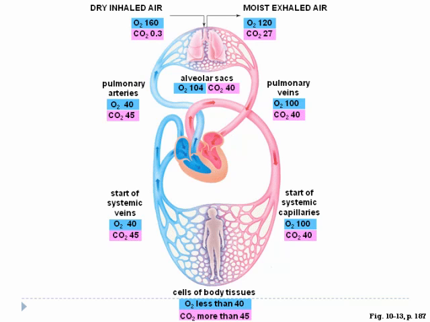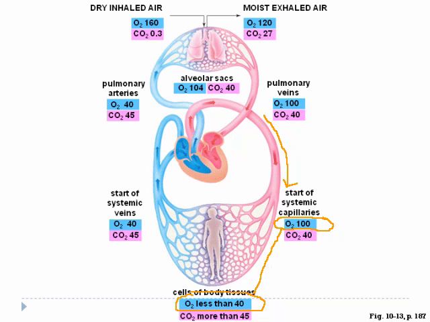This figure in your book is showing you some partial pressures. They're putting some numbers on it, so if this helps you with some quantities, then it might be helpful. The oxygenated blood coming out of the heart has a partial pressure of oxygen at 100, but in the tissues, it's less than 40.